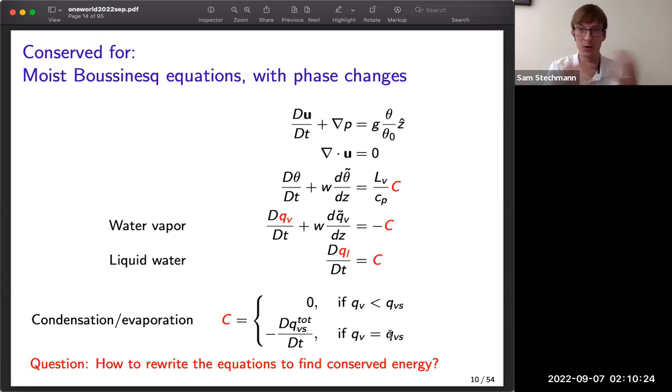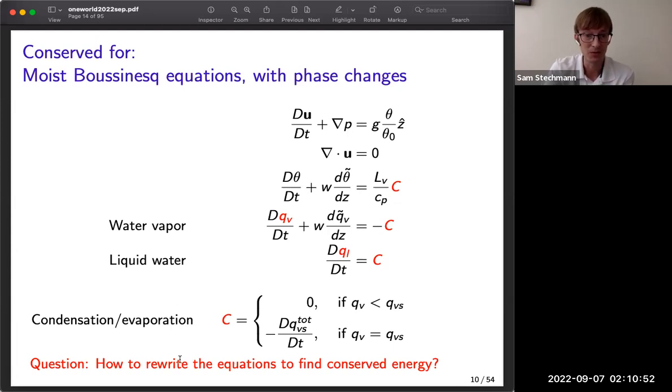So the vapor can be below it, but as soon as it hits the saturation value, this condensation or evaporation will turn on. If you go above saturation, then you have to condense water to turn into liquid. So there's a loss of vapor, a gain of liquid, and corresponding to that, there's a heat source in the evolution equation for theta.